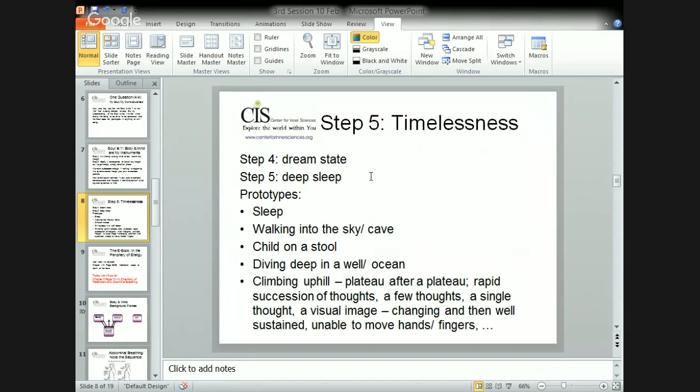So look at deep sleep as a state where you want to be in step 5, but in conscious mode, whereas step 4 is just the journey where you have some idea that something is happening. Now again, we just give you some prototypes. I have already given you prototypes such as walking into the cave. This is what is from step 4 to step 5.